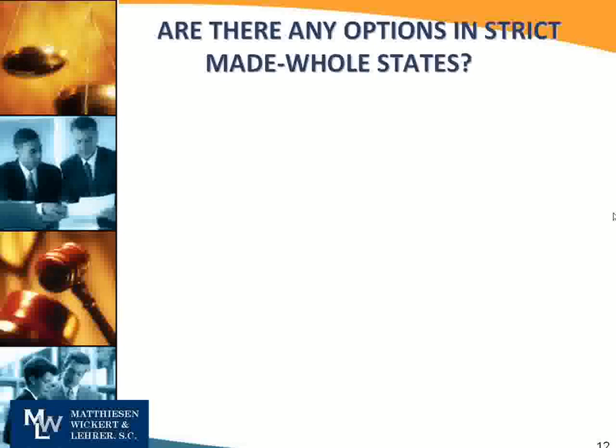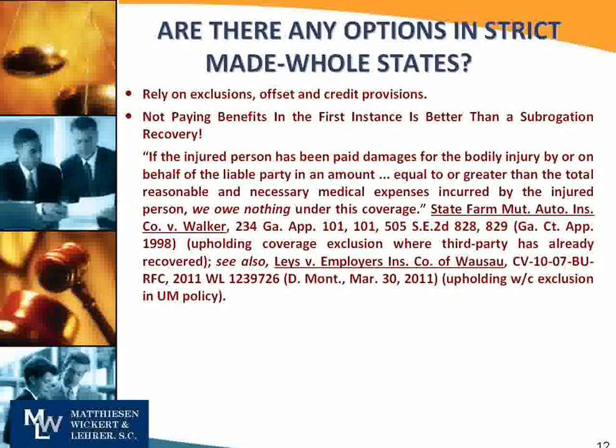But one of the things that you can do in Montana or some other of these states like Wisconsin that are strictly made whole is to rely on exclusions, offset or credit provisions that you might have in your policy. And what do I mean when I say that? Basically, not paying benefits in the first instance is better than a subrogation recovery.